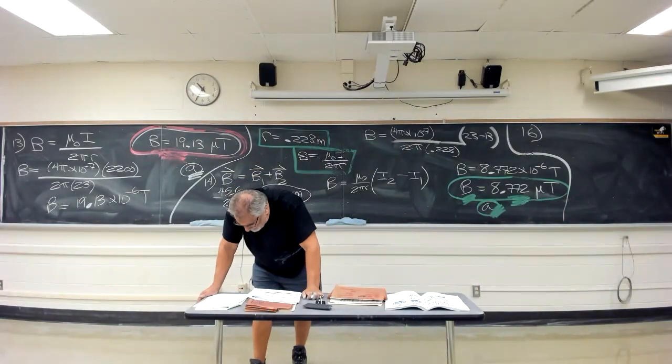Again, it's a great problem. A planar loop consisting of 7 turns of wire. Each one of the turns encloses 200 square centimeters and is oriented perpendicularly to a magnetic field.